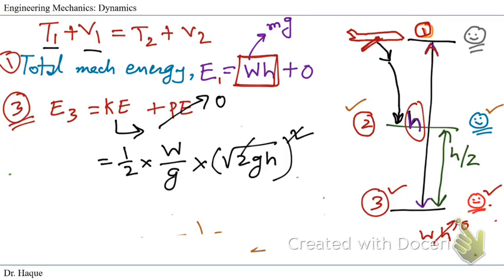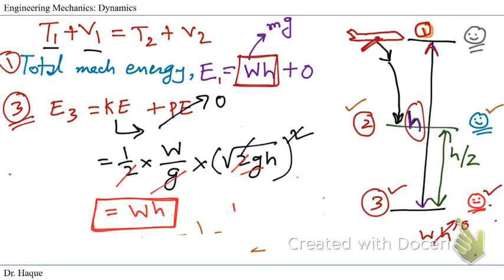If we cancel out the square root and the square, and also the 2 and 2 and the g and g, we are again left with WH. So even at the ground the total mechanical energy is WH.